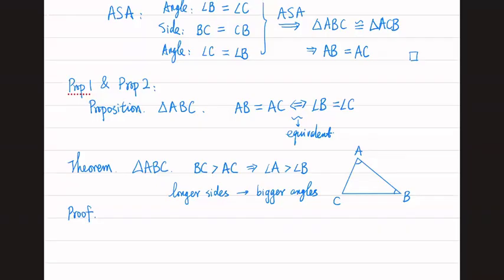Any idea? Where should we start? How do we use this information? BC, AC. This one is longer than this one.